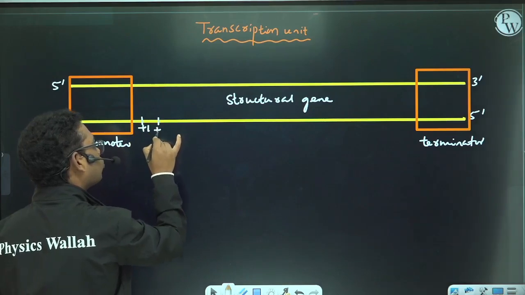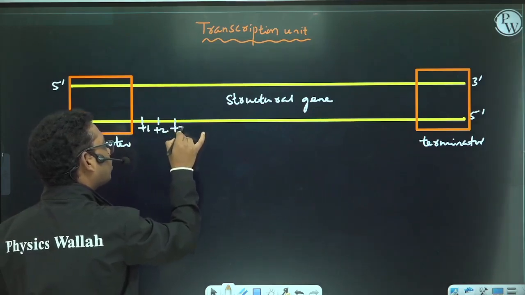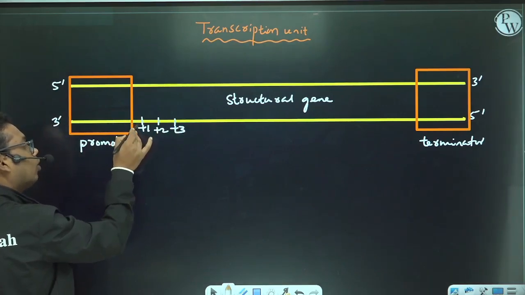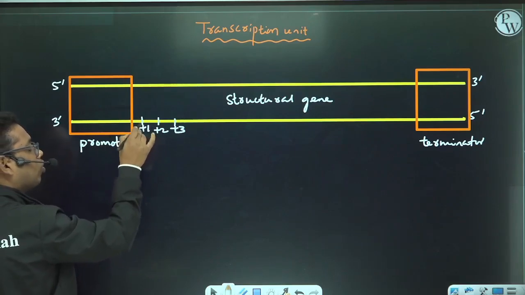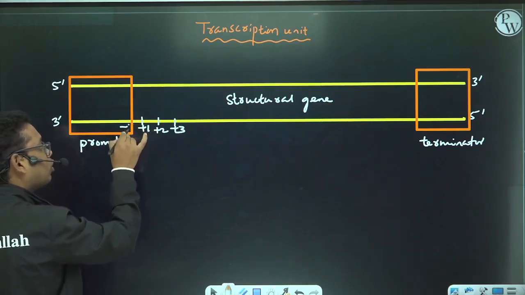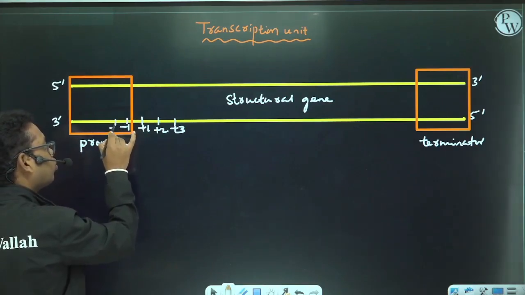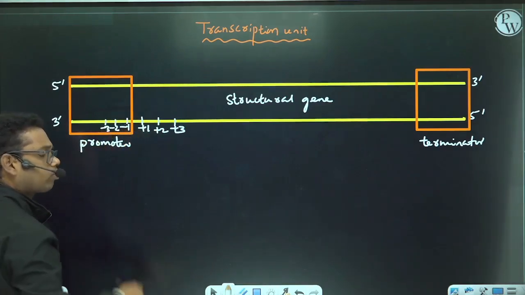Second is called +2, third is called +3, like this. And the nucleotide just before the first nucleotide of the structural gene is called -1, not 0. 0 is not present. Then -2, -3, like this.